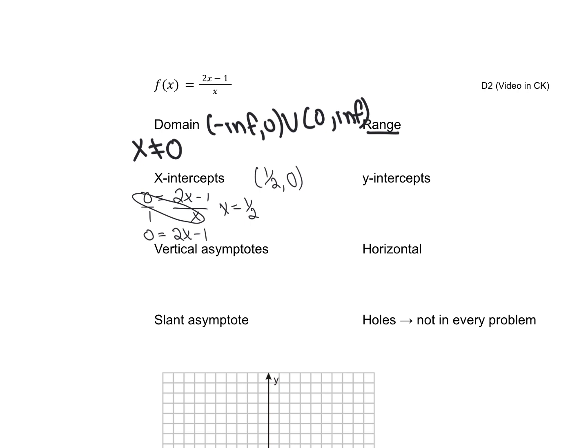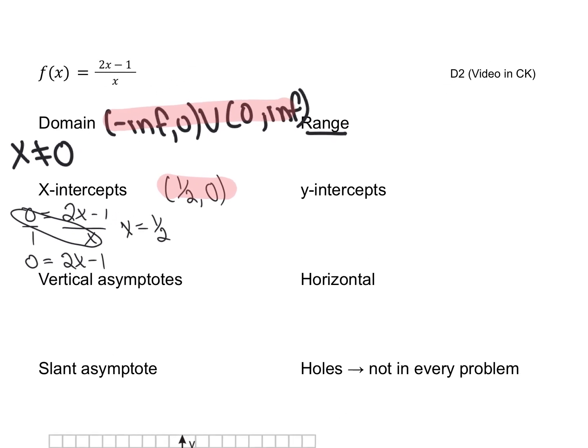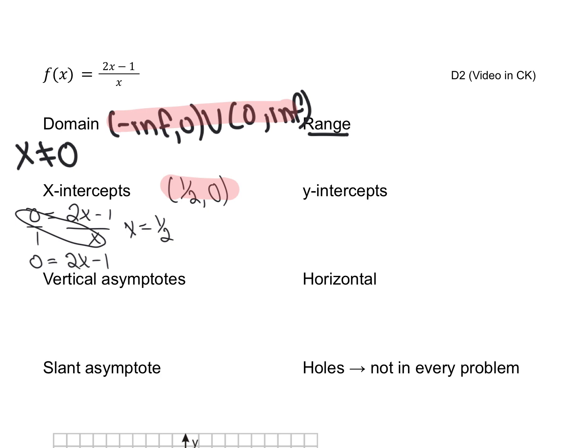So far we've figured out the domain and the x-intercept. Our y-intercept is our value of y when x equals 0. So we go back to our equation, y equals 2 times 0 minus 1 over 0.